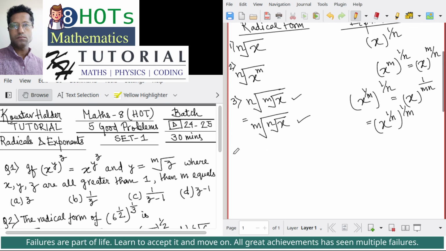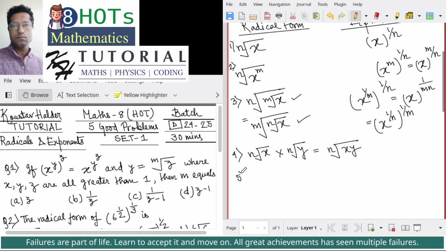Now a few properties also apply in the radical form. For example, where x and y are some non-zero rational numbers, the nth root of x multiplied by the nth root of y is equal to the nth root of xy.